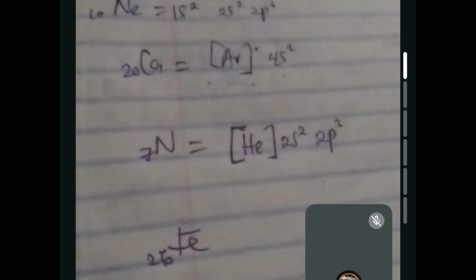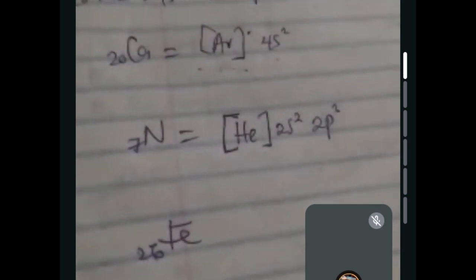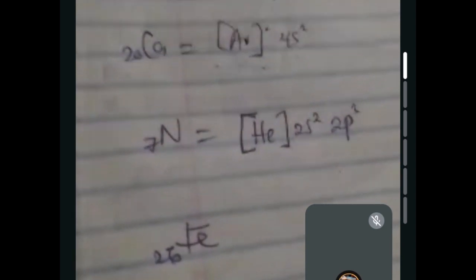Let's say we just say AR, and we are not given this 4S2. Is there any way to arrive at it, instead of going through the long method of writing 1S2, 2S2, and so on? Is there any short method you can use to get it?